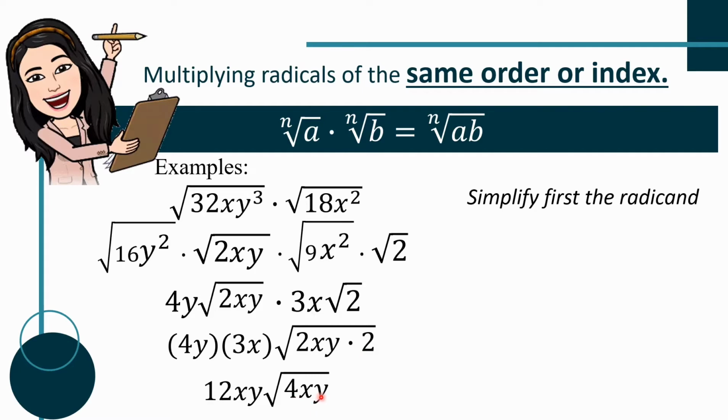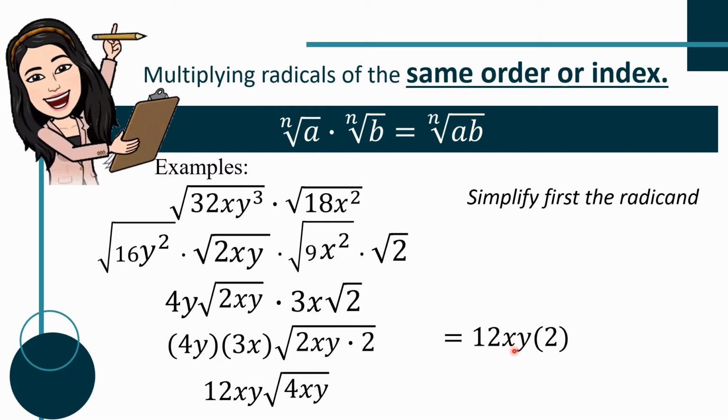Then, as I said, if we can still simplify what is inside the radicand, we simplify. Is there anything else we can simplify? Yes, because 4 is a perfect square. Right? So, it means we can extract the root of 4, or take it out. What is the square root of 4? Yes, we have 2. Therefore, we multiply 2 to the coefficient 12xy.